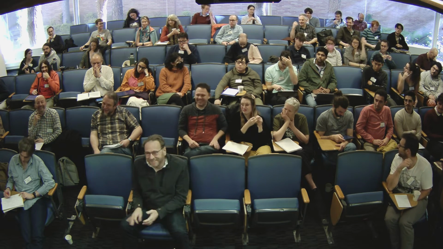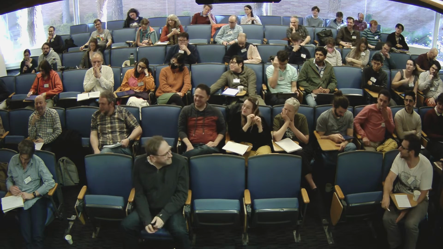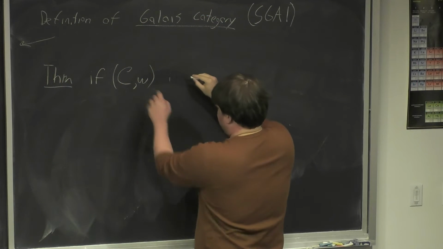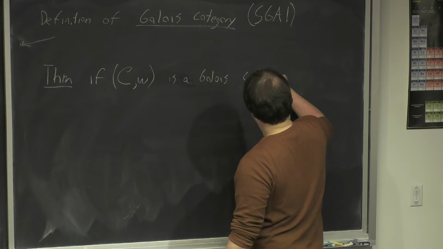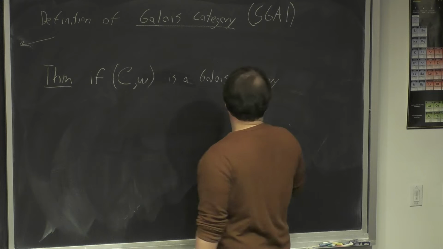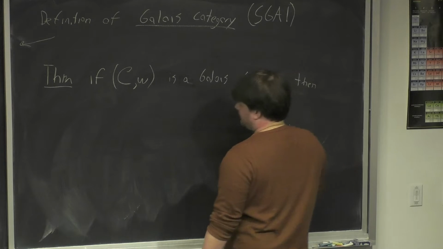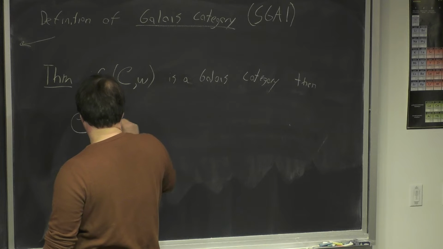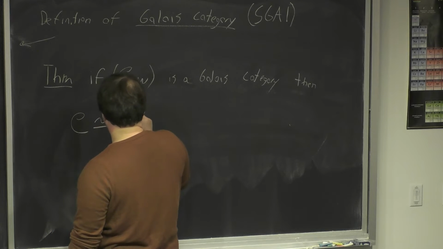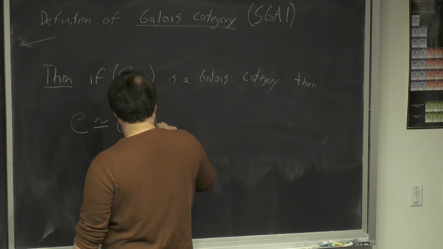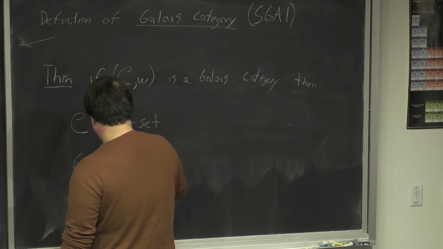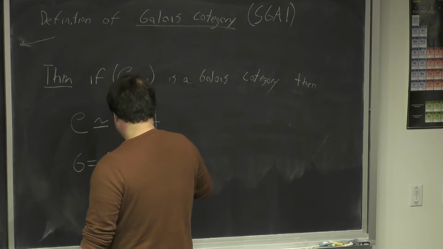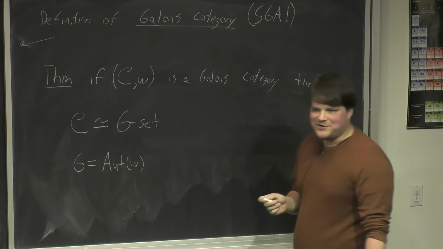Let him write down this theorem. So the theorem is: if I have a Galois category with a fiber functor, then C is equivalent to a category of G-sets, where G is equal to the group of automorphisms of this fiber functor.